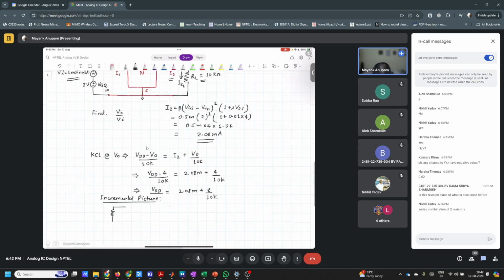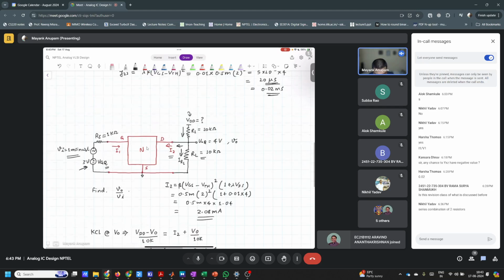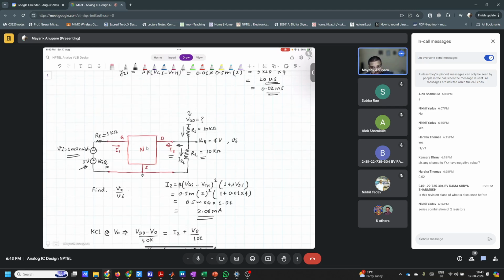Tell me, what should happen to this voltage VDD here and this voltage VGQ here in the incremental picture? 0. Correct. They should be 0 because incremental means that there is some change. We are trying to see what happens if there is a delta change in different excitations of this network.